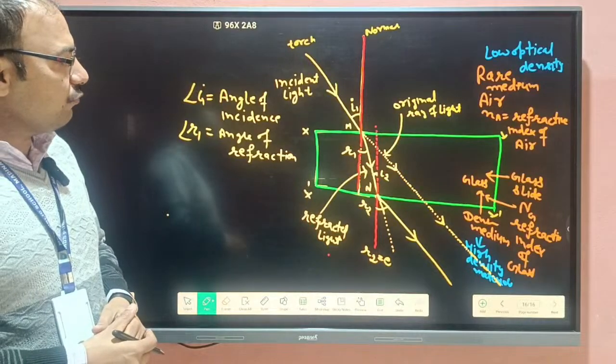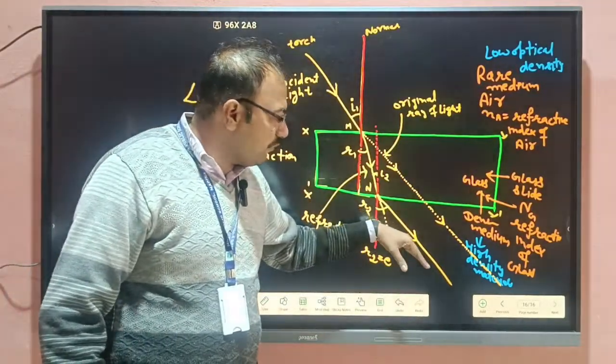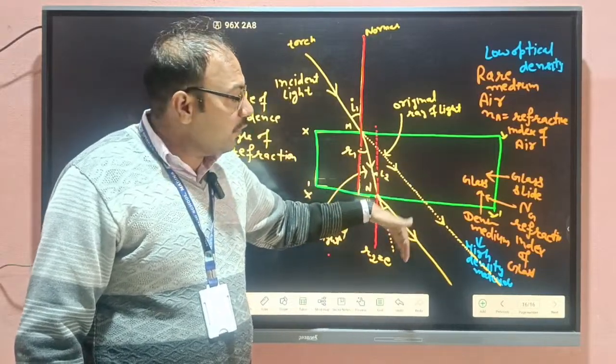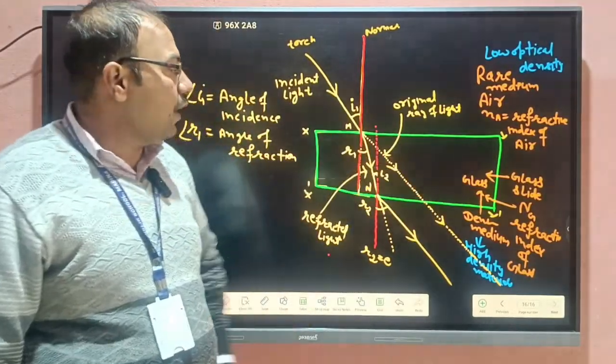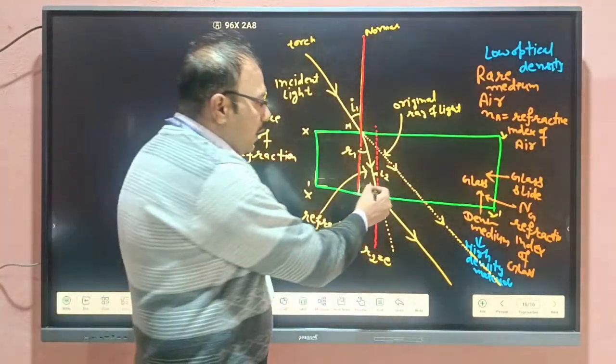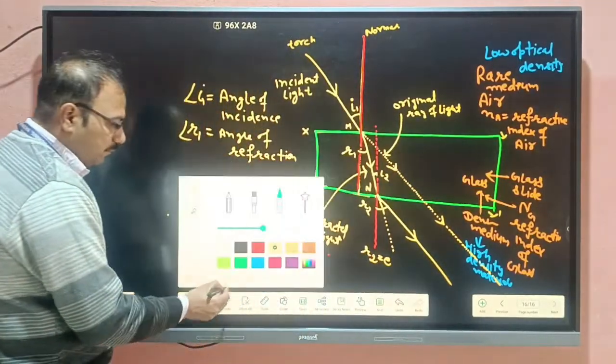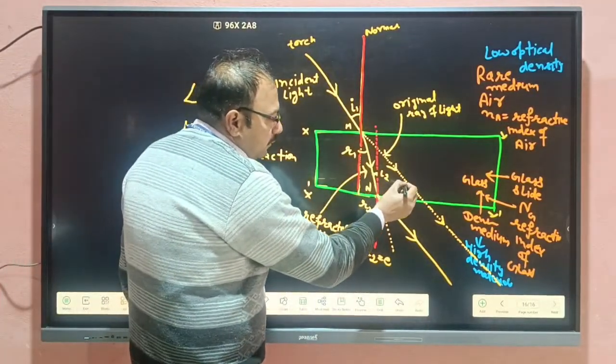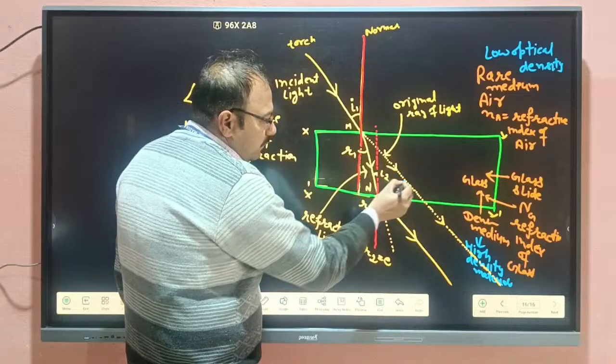So here we can find out how much this refracted ray is displaced from the original path. How can we calculate it? Draw a normal here. How to draw the normal? Take a perpendicular on this line.